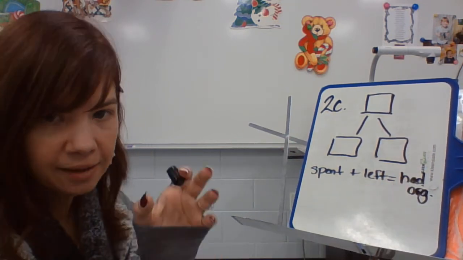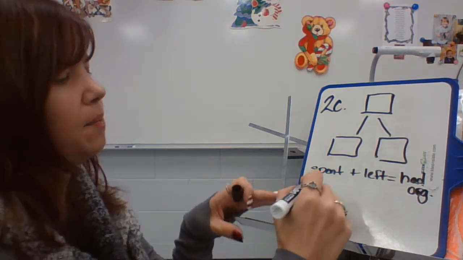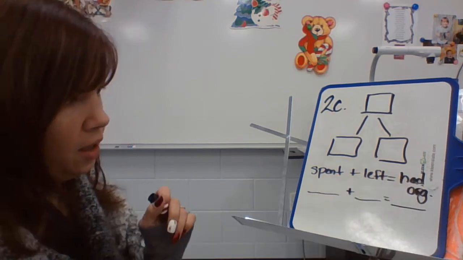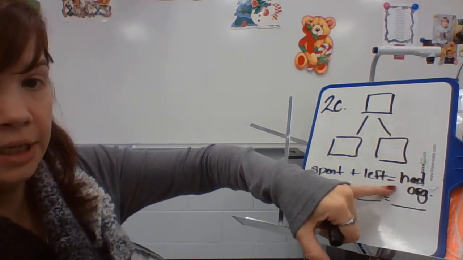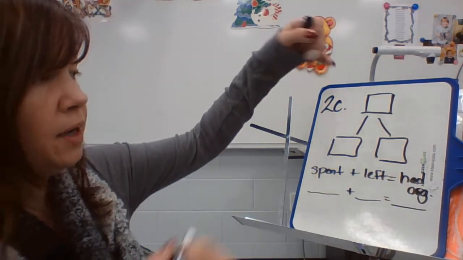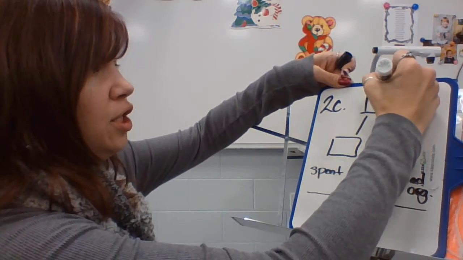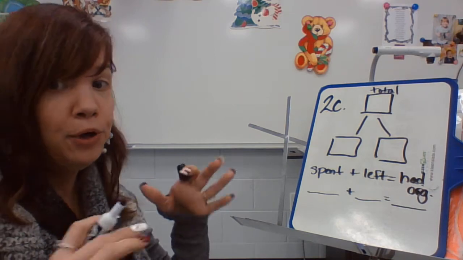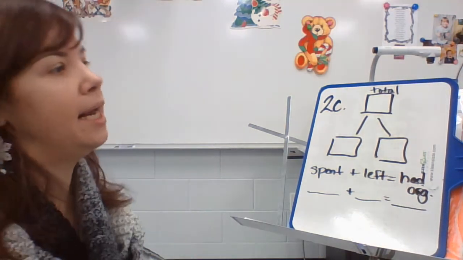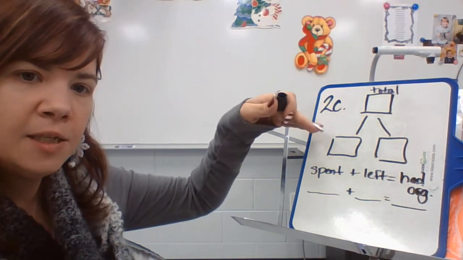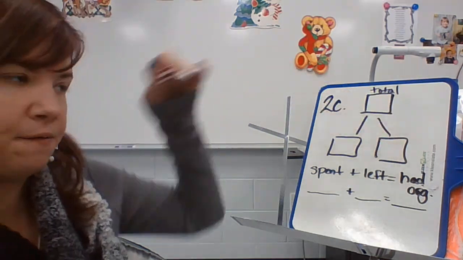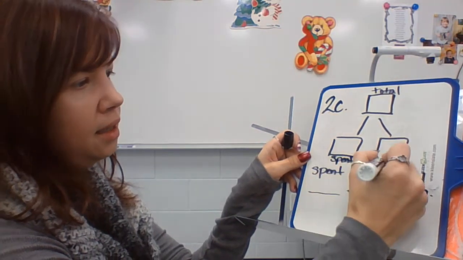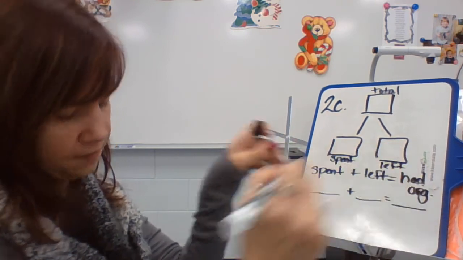Okay, that's what that little abbreviation means. It's meant had originally. So had originally, if you weren't sure what goes up here, again, it's the total, but this is what she originally had when she left the house to go shopping. Okay, and when you go shopping, this is what you do. You spend your money. So you start with something, you spend it. How much do you have left?